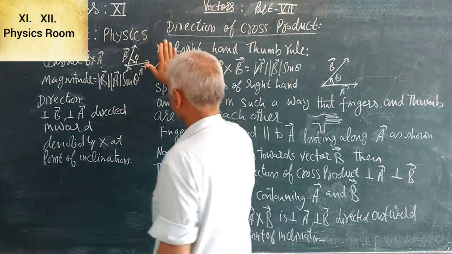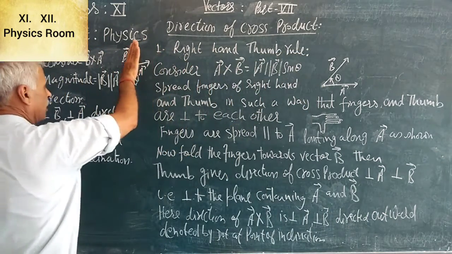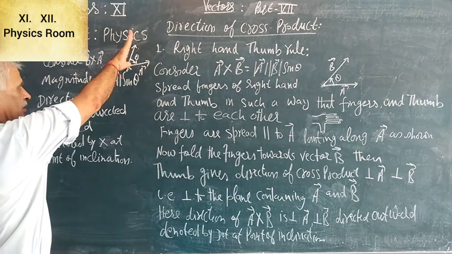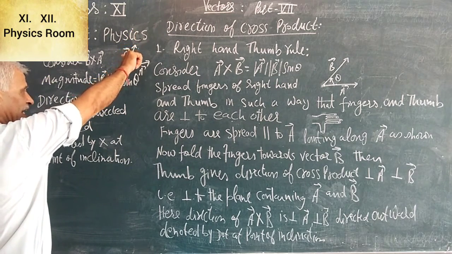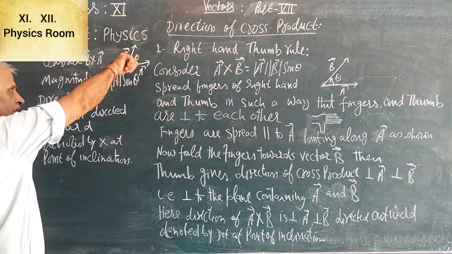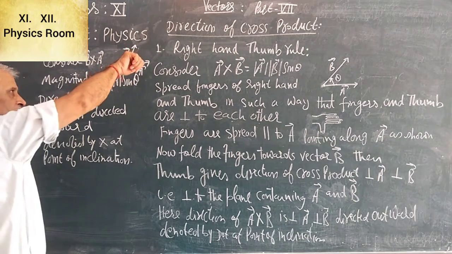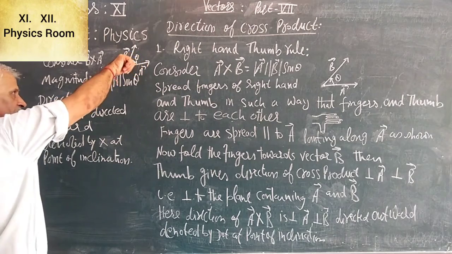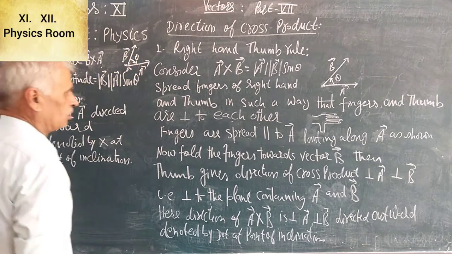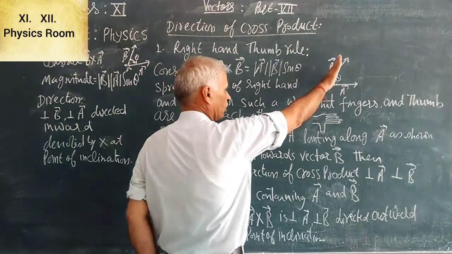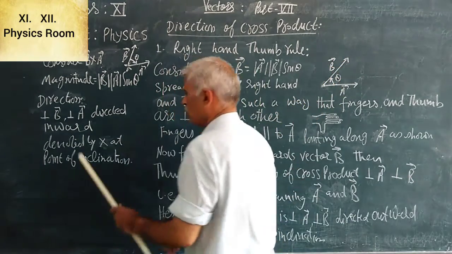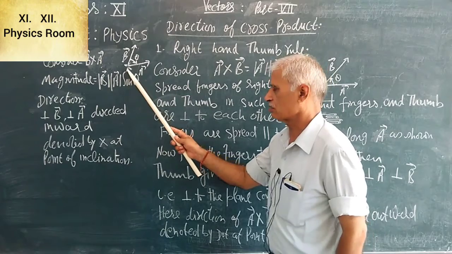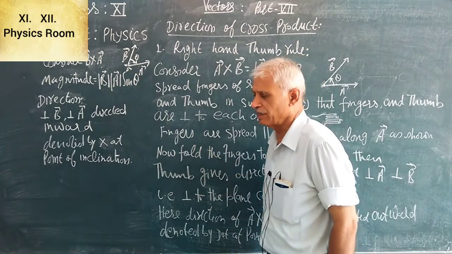If we put our right hand fingers like this and fold the fingers towards the second vector A, then the thumb indicates the direction of the resultant of the cross product. So here, if we put B cross A, then it will be inward, and inward is shown by a cross at the point of inclination.